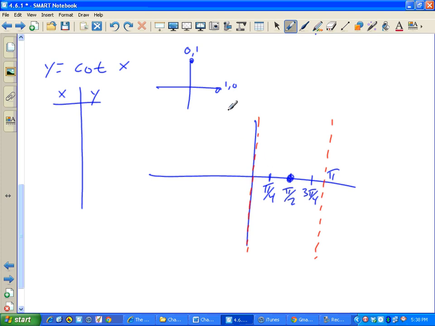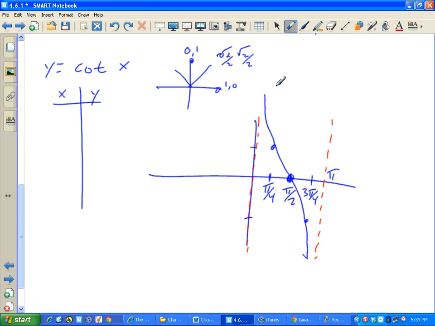So this is kind of reversed, because at pi over 4 I've got square root of 2 over 2 and square root of 2 over 2, which is 1 when I divide these. Negative 1 is going to happen over here because I've got a negative x value. So it's kind of like a flipped over tangent function, actually. A flipped over and switched.